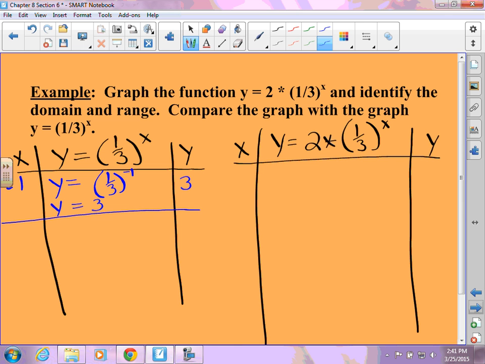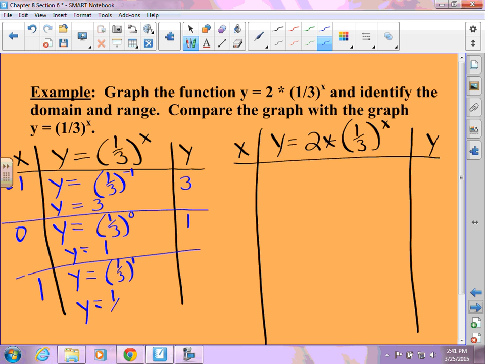Then I'm going to plug in a 0. Anything to the 0 power, remember, is 1. And I put in a +1. I get 1/3. And you're going to notice that my values got smaller. Let's go to the next table. I'm going to put in -1. Now remember, this is a stepped problem, so make sure that you show your work when you do these.